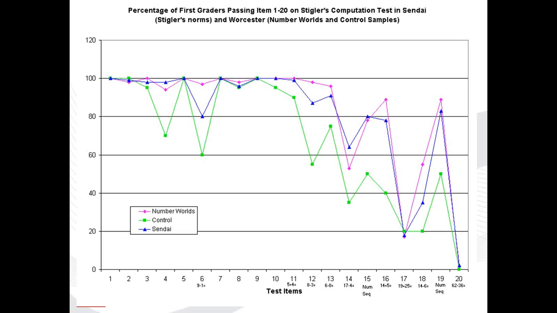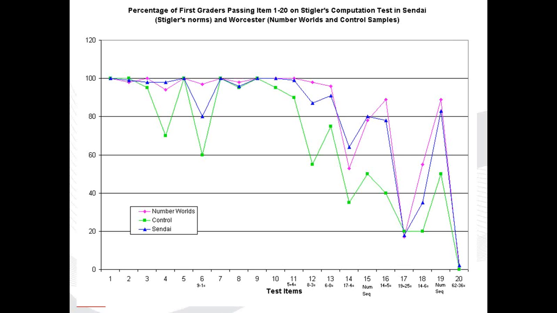On question number 6, which is 9 minus 1 equals, these students see these written and they can write down their answers. On number 6, they're doing better. On number 12, which is 8 minus 3, they're doing better. There are 3 items that they were doing better on, but they were all subtraction items.